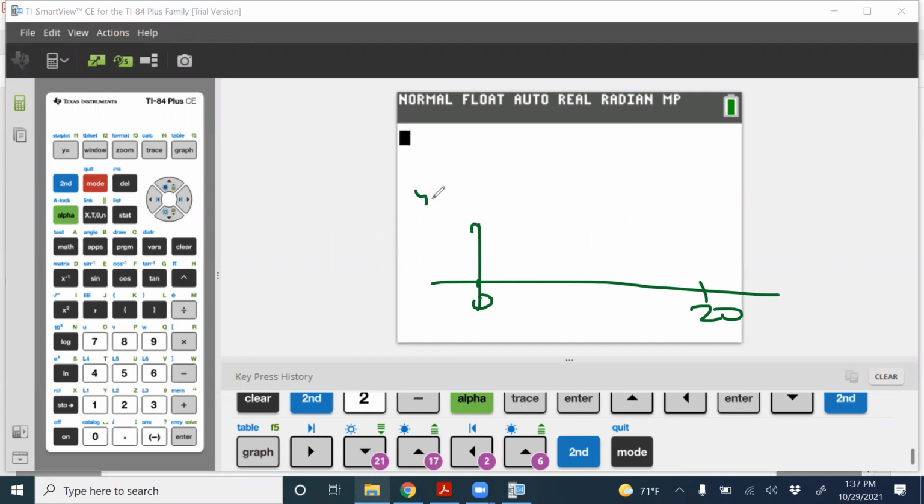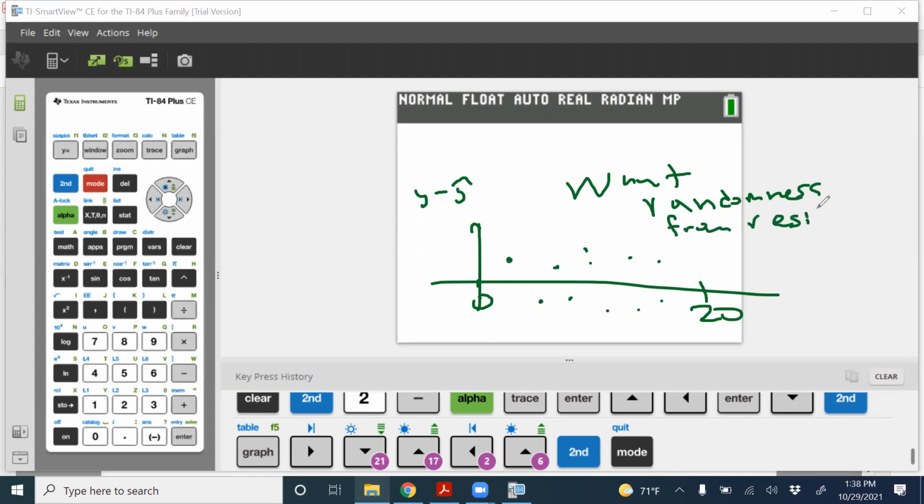And this represents y minus y hat. So you'll get something that kind of looks like this. As long as it seems random, then it's a good choice. So you want randomness from the residual plot. I'll actually do it after you guys get a chance to, so you can see how it looks.